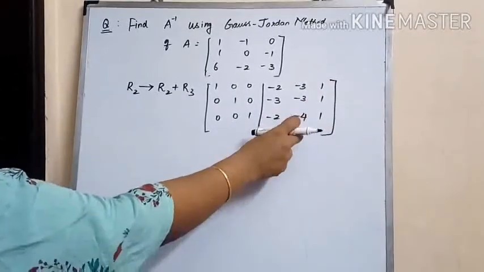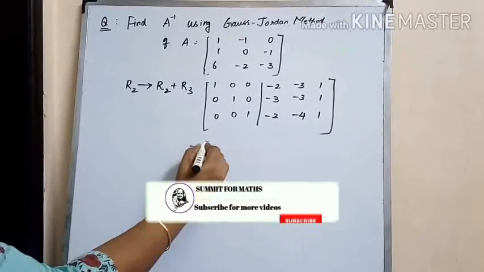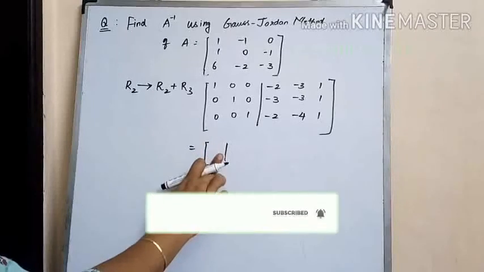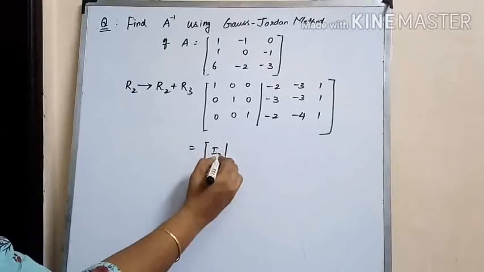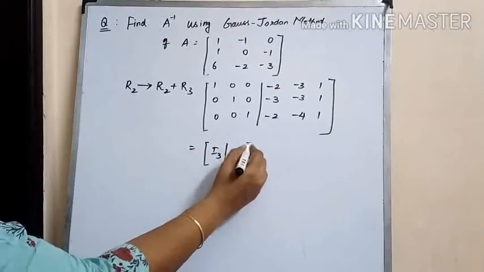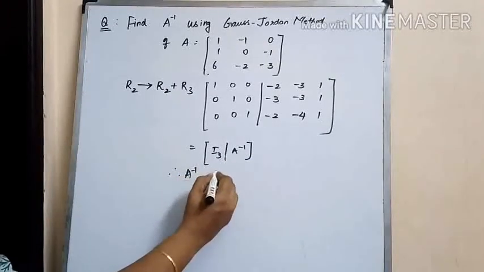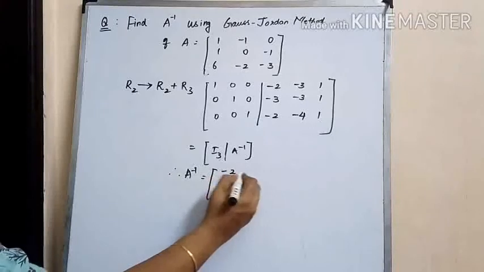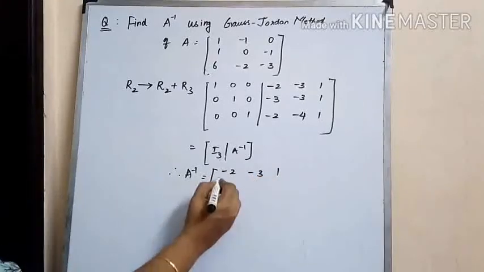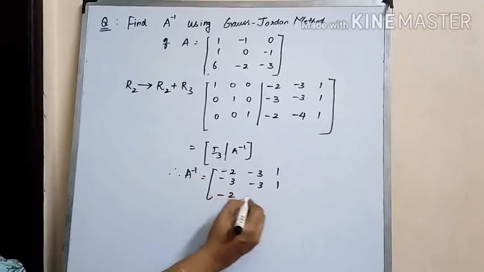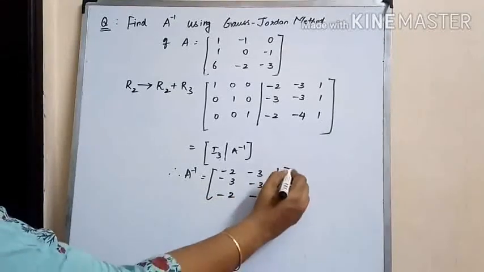This is your A inverse, of the form I3 | A inverse. Therefore, your A inverse is equal to minus 2, minus 3, 1, minus 3, minus 3, 1, minus 2, minus 4, 1. Thank you.